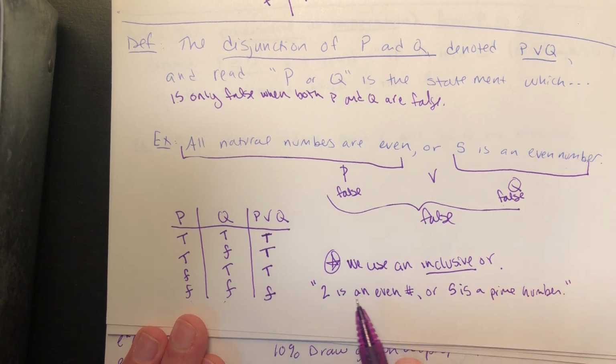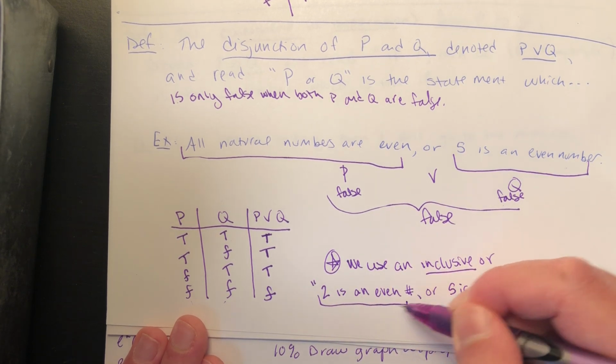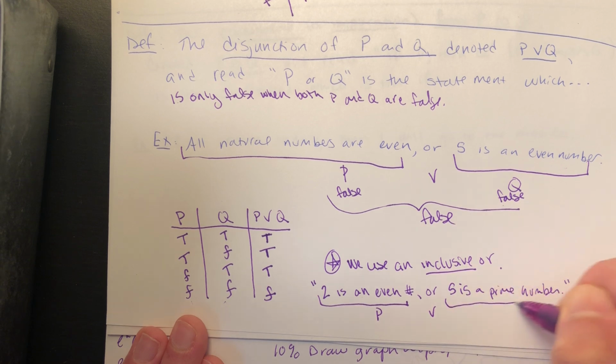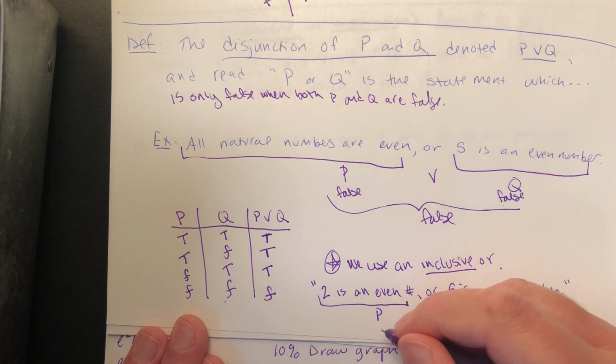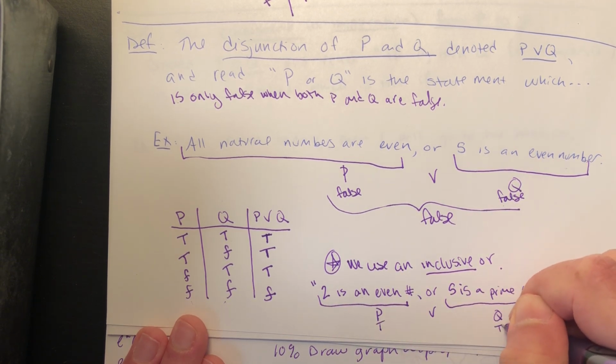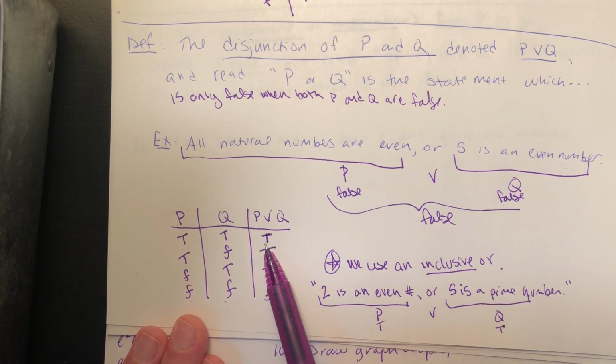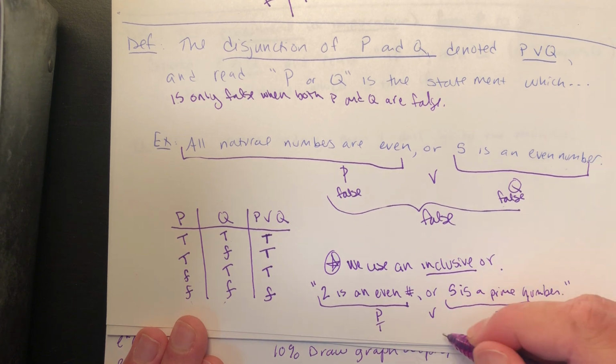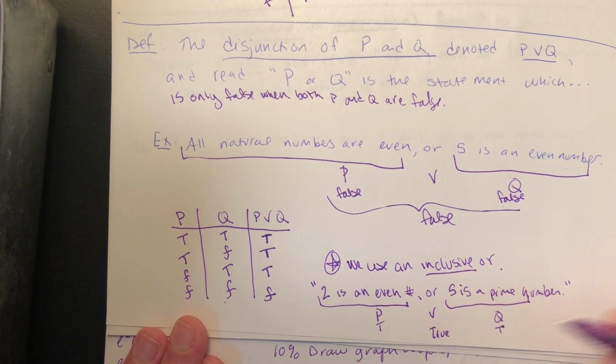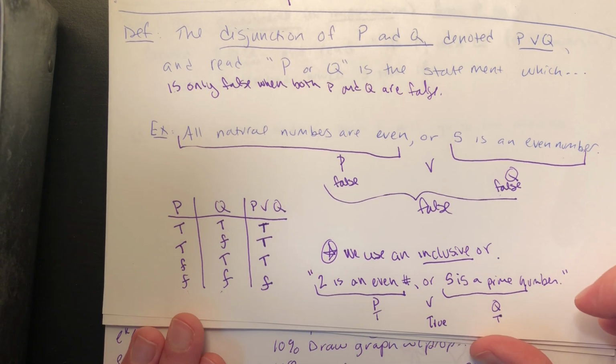Right? It's not exclusive. We're not saying one or the other. We just need at least one to be true. And so, in fact, in this case, P or Q, P is true, and Q is also true. So if we refer back to our truth table here, when they're both true, the OR statement is also true. I'll just write it underneath the OR sign. The whole thing is true. Okay.